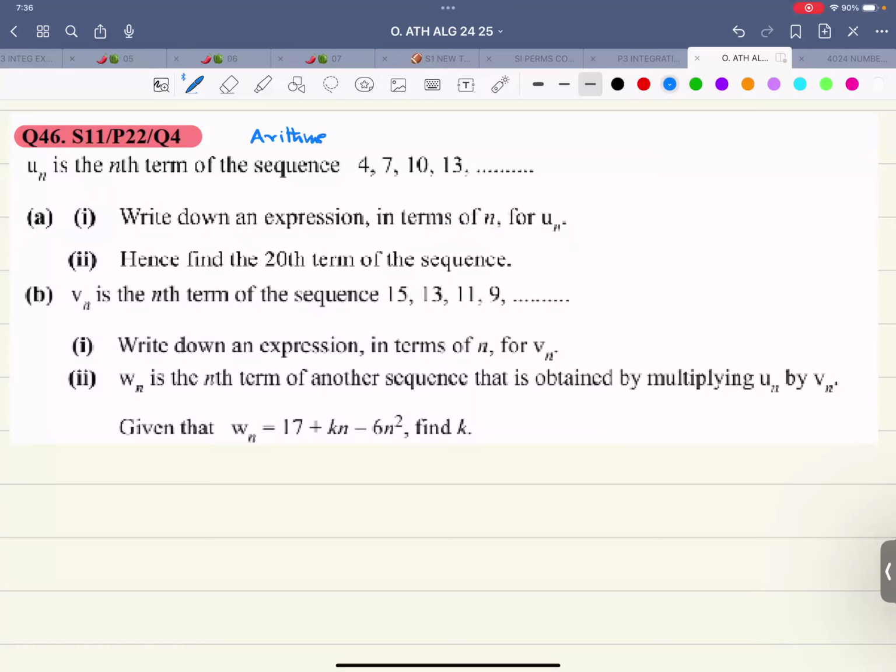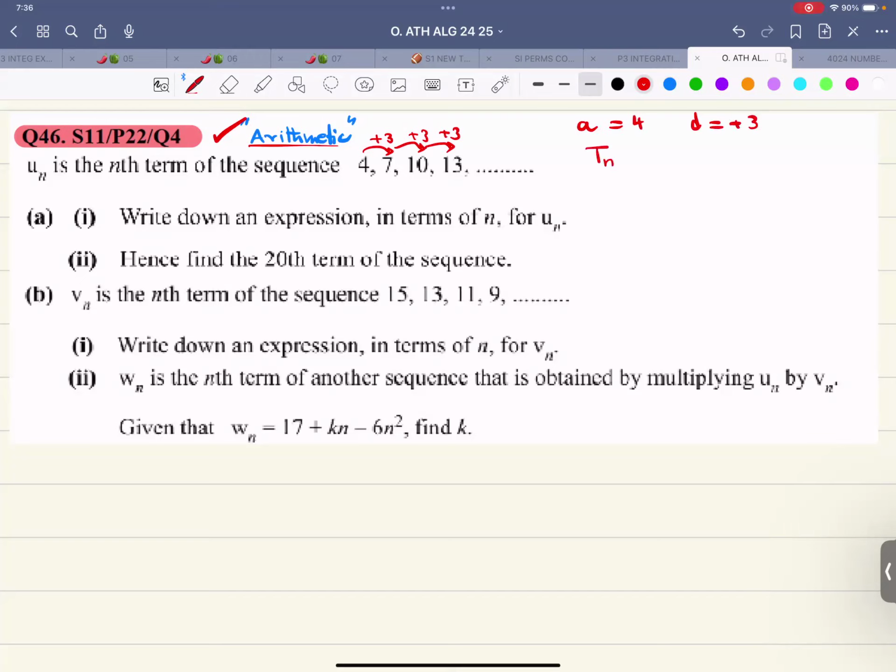In most cases, it is. And if it's not arithmetic, it would be something with square numbers or quadratic that we will soon see. So 4 plus 3 is 7, 7 plus 3 is 10, 10 plus 3 is 13. Yes, it is arithmetic. That's the first thing. All you have to do is to write down the value of a, which is the first term, which is 4, and the common difference, which is positive 3, because the numbers are increasing.